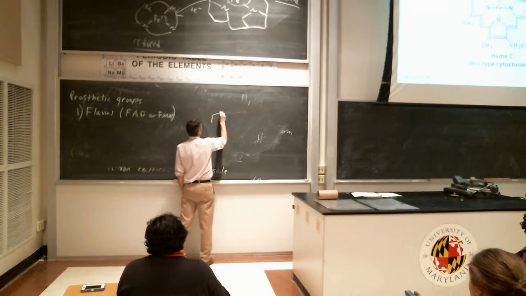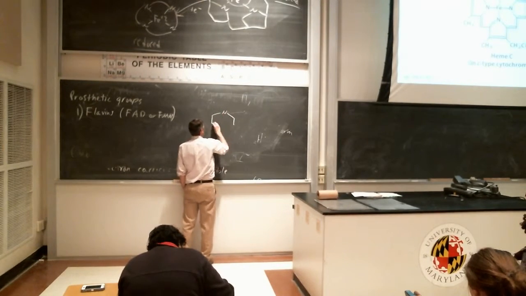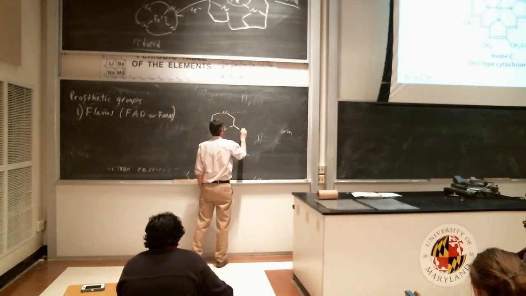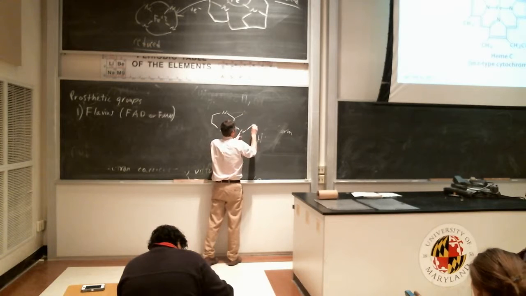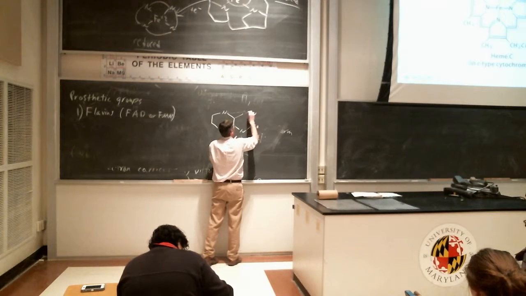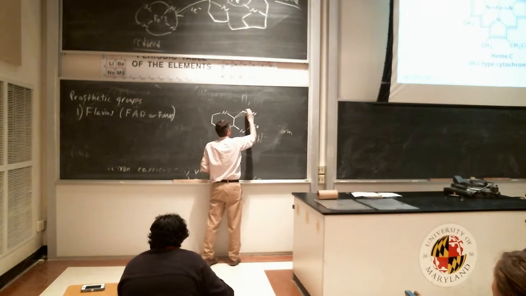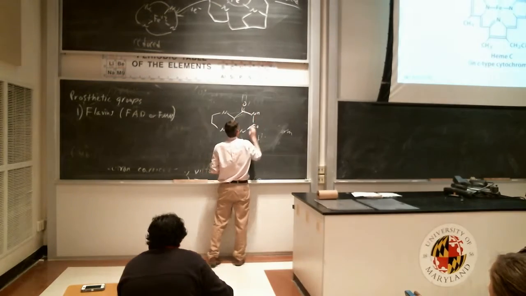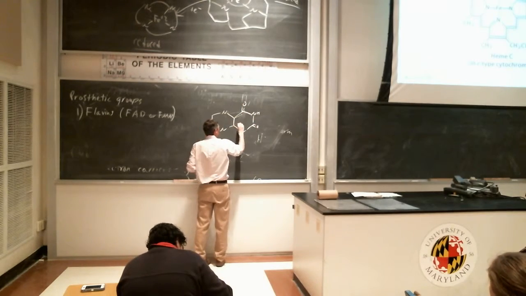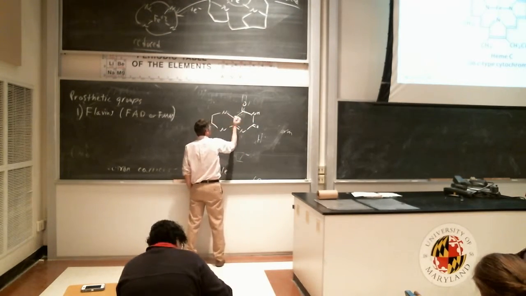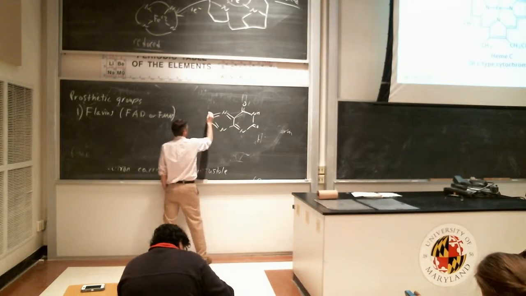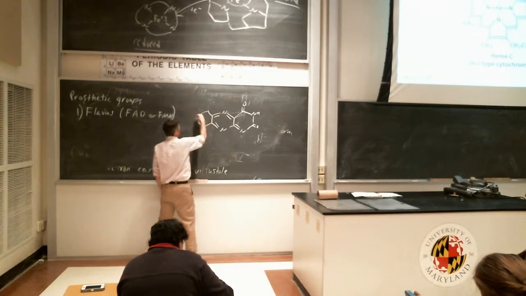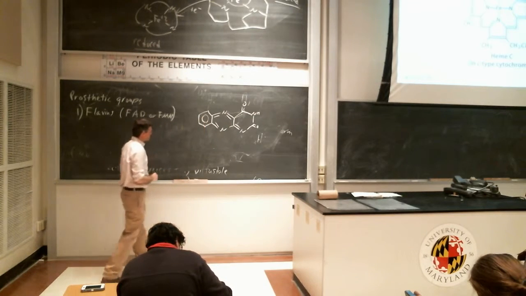let's see, there's a nitrogen, and then, so remember these two nitrogens are important, and then let's see, here's a carbonyl, another nitrogen, carbonyl, H's, and okay, this would be, and then there's a second ring over there. Some other stuff attached to this ring.